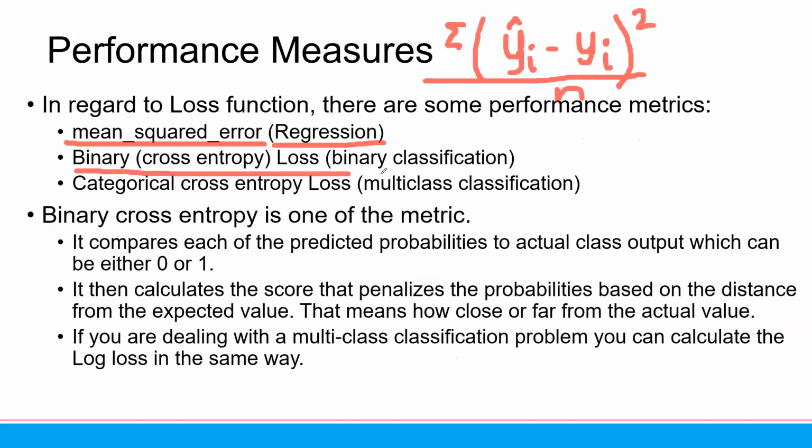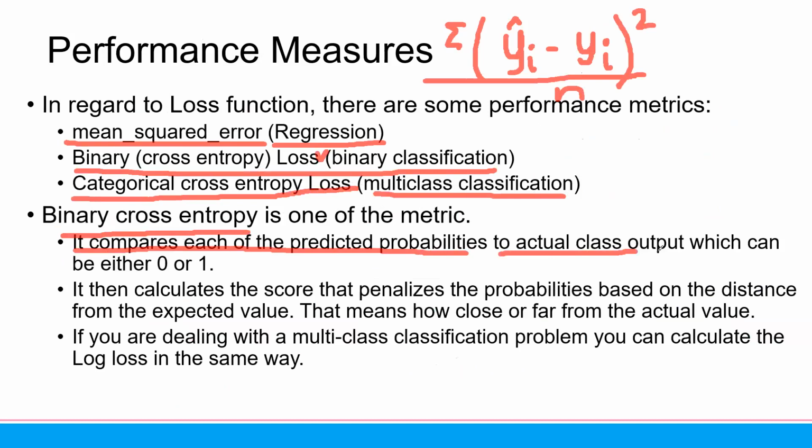For binary classification, we have the binary cross entropy loss, and for multi-class classification, we can use the categorical cross entropy loss. We call it binary cross entropy. It compares each of the predicted probabilities to the actual class output, which can be either 0 or 1.